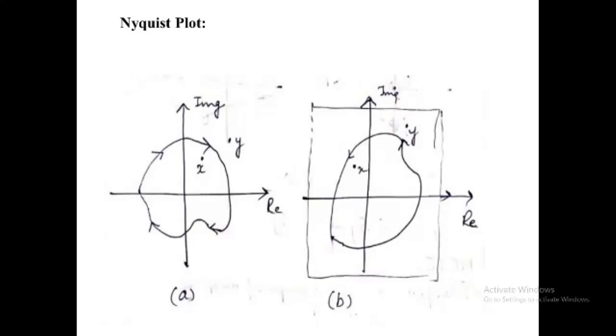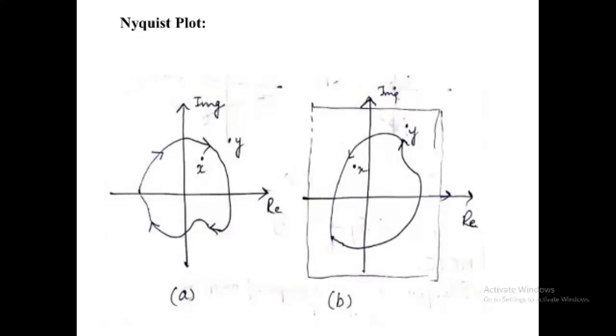Let us see these two diagrams shown on the screen, A and B. In figure A, point X is enclosed, and in figure B, point Y is enclosed. Note that in polar plots, if the critical point -1 plus j0 is not enclosed, then the system is said to be stable, and vice versa.